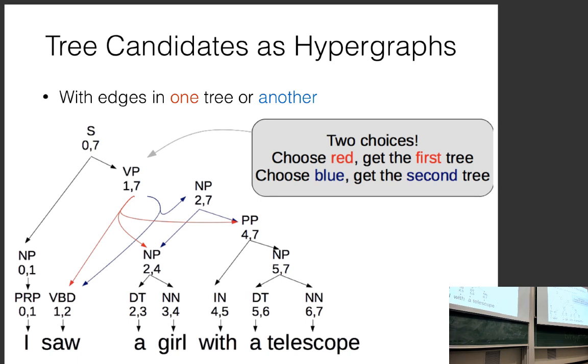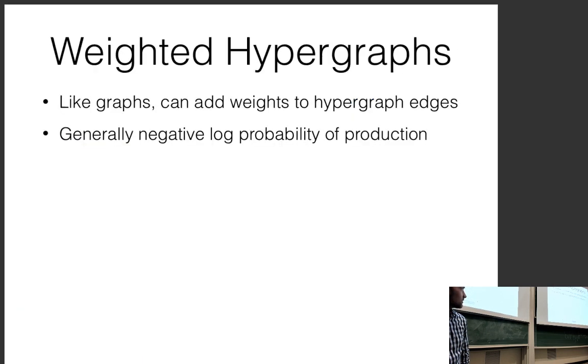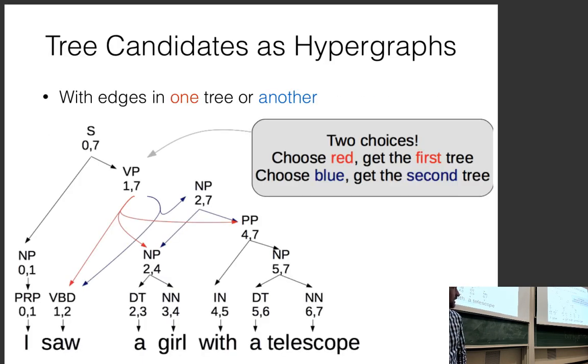The reason hypergraphs are interesting is they can be used to represent ambiguity in parsers. So if we have "I saw a girl with a telescope", sorry, I feel like I'm missing a slide here, there are two interpretations.